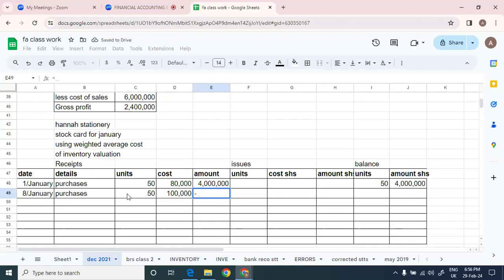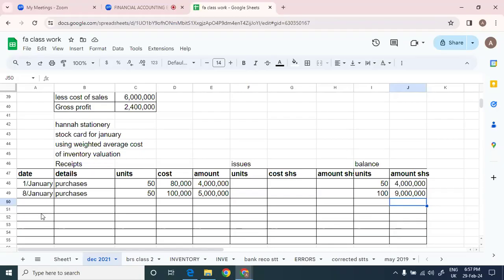So here we shall get 50 times 100, we get 5 million. We come under balances. We shall have 50 plus this 50, we get 100. We get the 4 million we had in our stores, we add the 5 million here, we get 9 million. We are together. Yes. Okay.